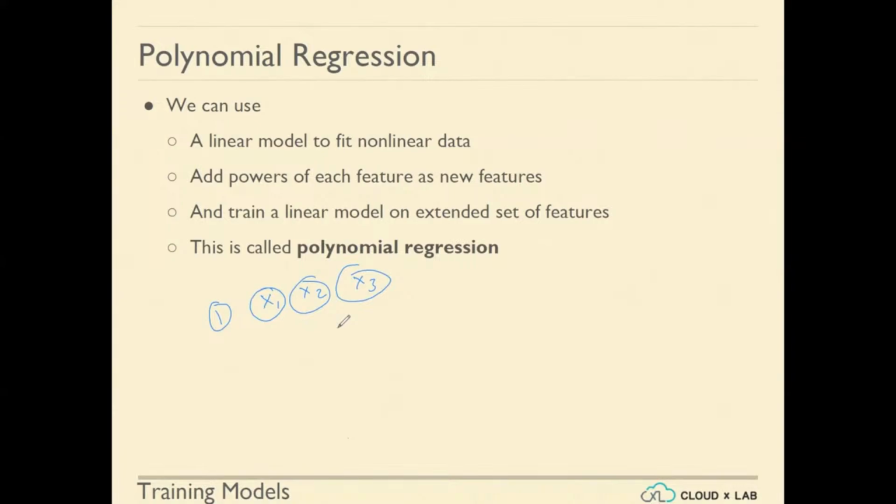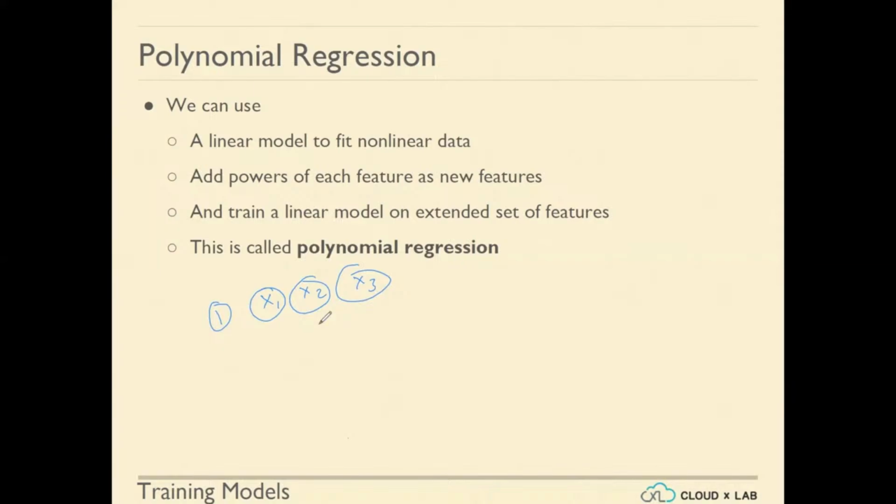Suppose we want a degree 2 polynomial, then we will create the degree 2 terms using the given original features. If we want a degree 3 polynomial, then we will create degree 3 terms, degree 2 terms, and degree 1 terms, right?